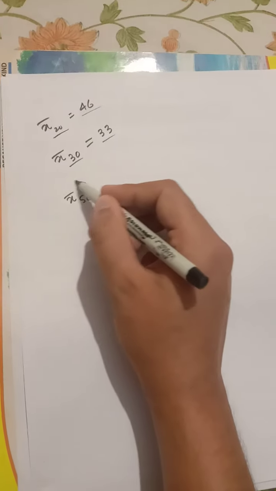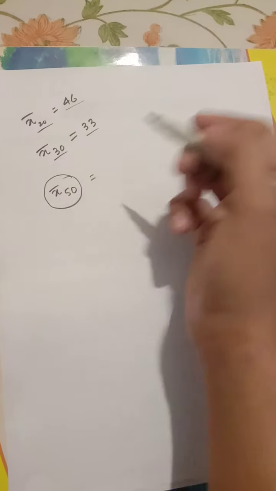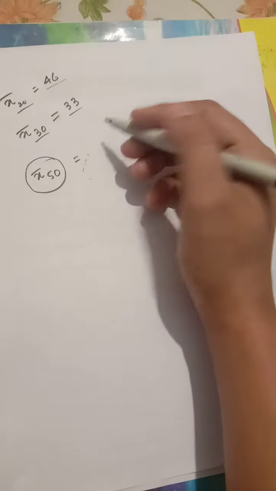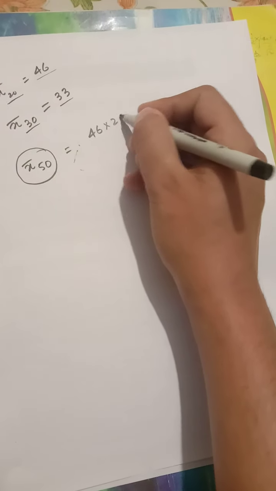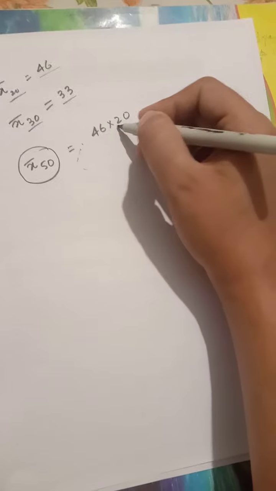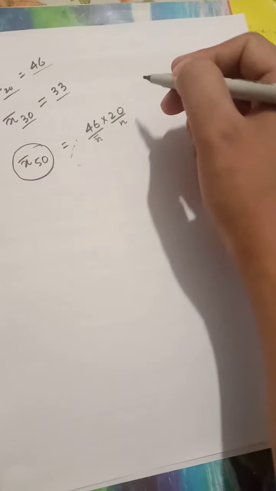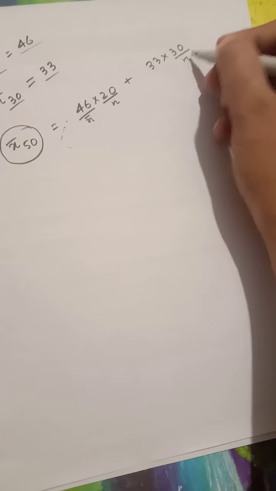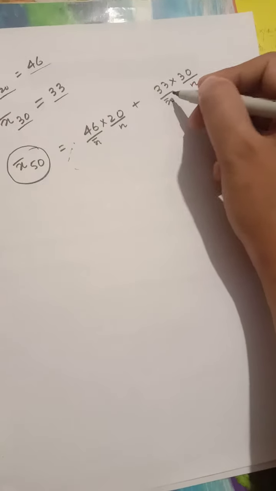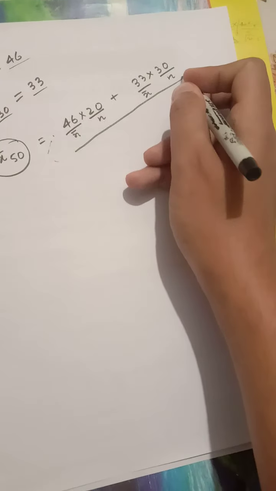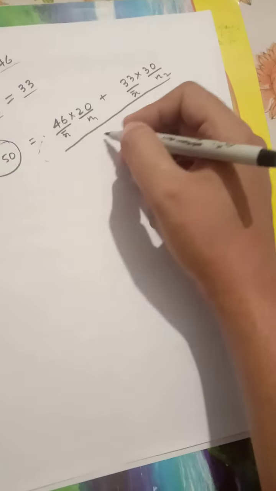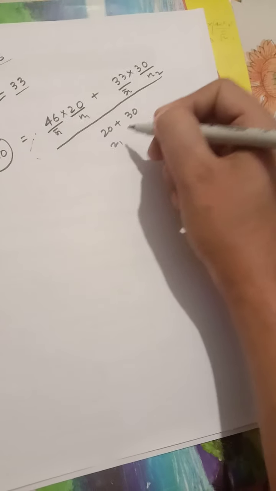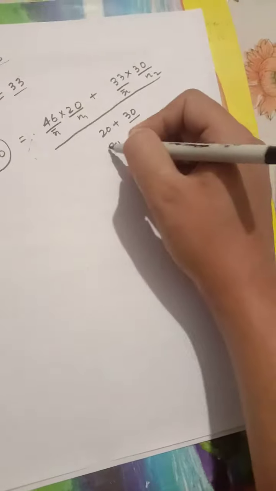We have to find the mean of 50 observations. So first, 46 into 20, that is x bar into n1, plus 33 into 30, that is x bar into n2, and dividing it by n1 plus n2, that is 20 plus 30.